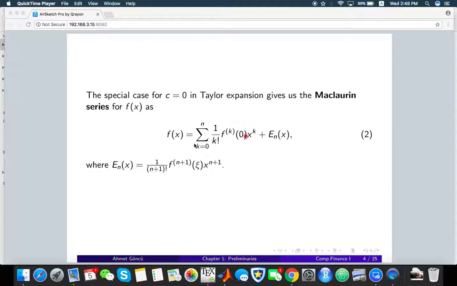This is the special case of the Taylor expansion, called the Maclaurin series. And you can also notice again we have the remainder here, denoted in terms of the n plus 1th derivative of this function at some point psi.